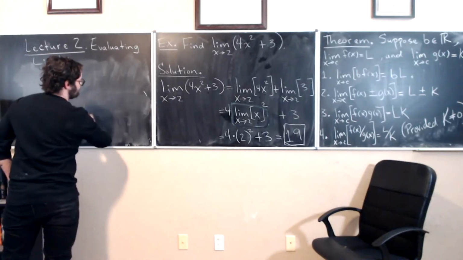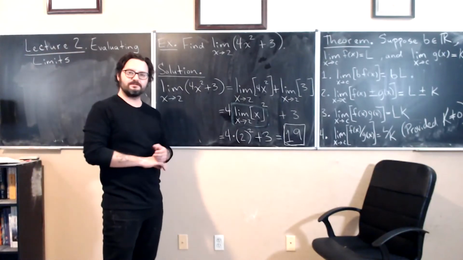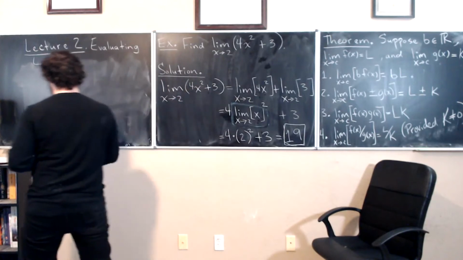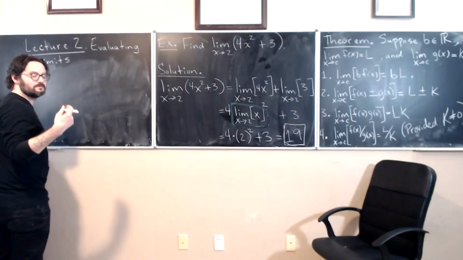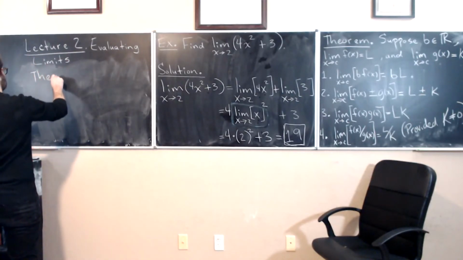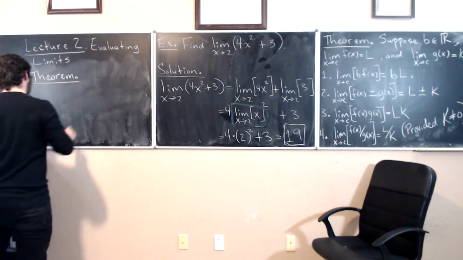So again, polynomials are just coefficients and powers of x in a sum. They look like that. And these, we can evaluate the limit really easily. And that's the following theorem.